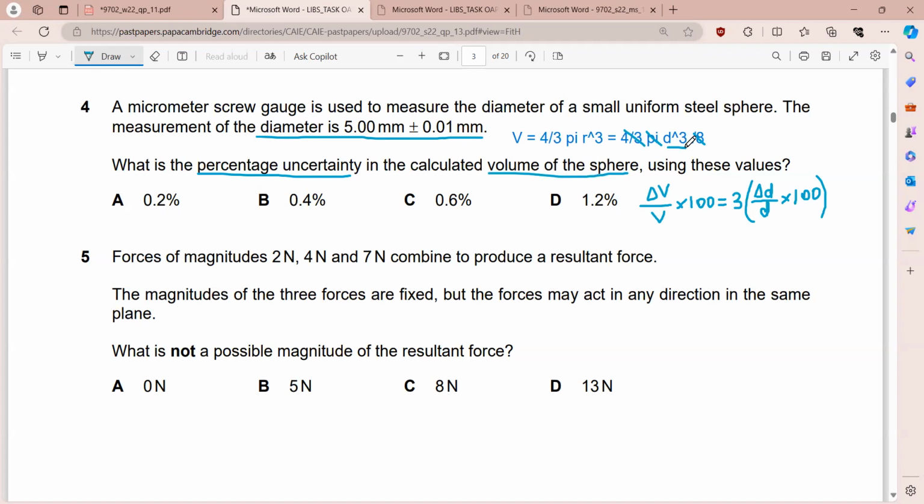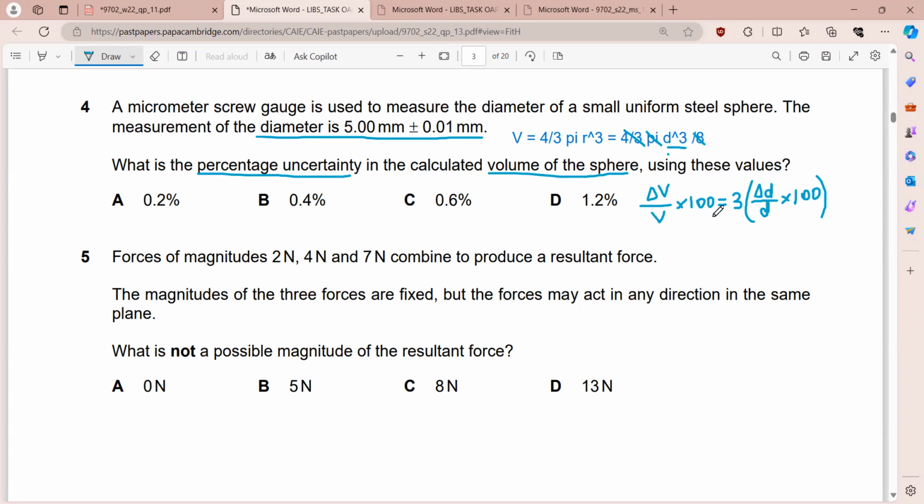Now, when we calculate percentage uncertainty of anything, we just have to multiply the indice by the percentage uncertainty of the variable that we're using to calculate the volume. So in this case, there's only one variable d.